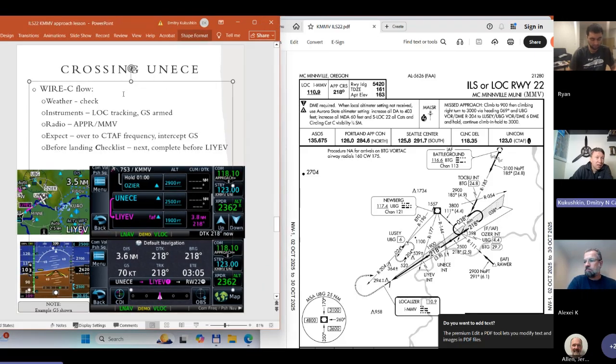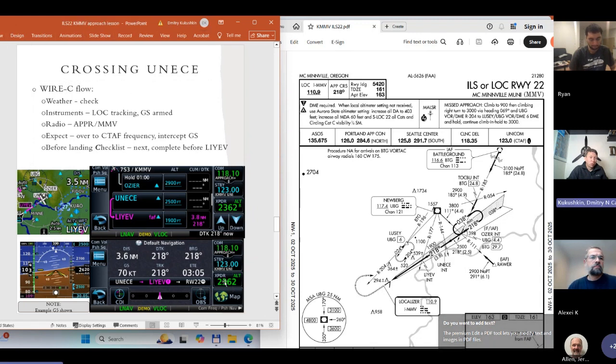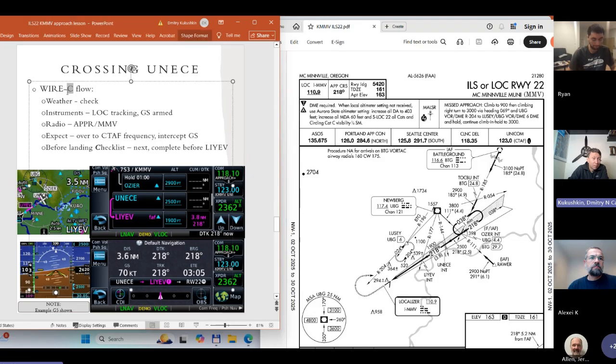Crossing Eunice. You know, back to my flow, wire-C or C-wire, but that's something that I'm trying to slightly update on my personal list of items, because it is real easy to forget the C for the checklist.